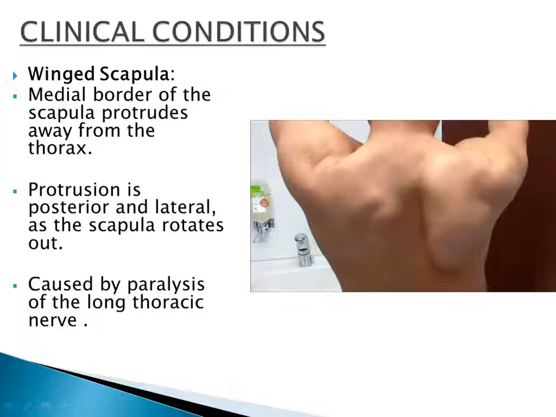The protrusion of the medial border is posterior and lateral as the scapula rotates out. Now, this winging of scapula is caused by paralysis of a nerve which is called as long thoracic nerve. You're going to learn it later, but till now you should remember one line that winging of scapula is caused because of paralysis of the long thoracic nerve.